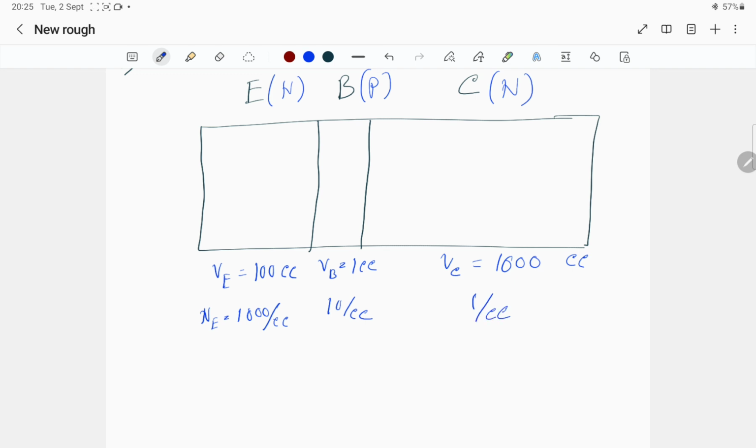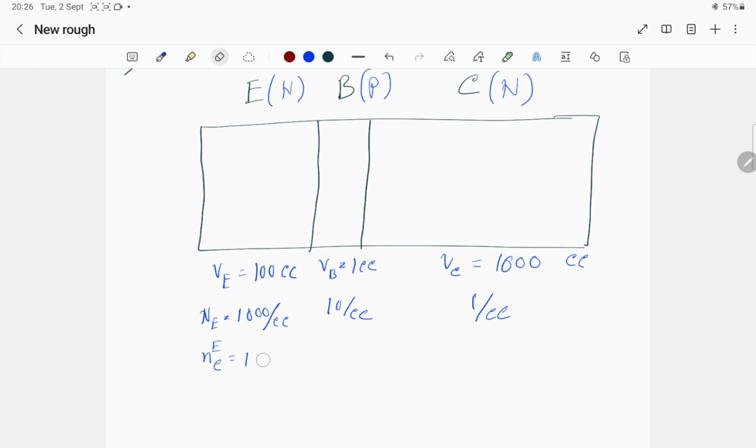So that is how it is different. Now if I try to find out the number of electron in emitter, it will be around 0.